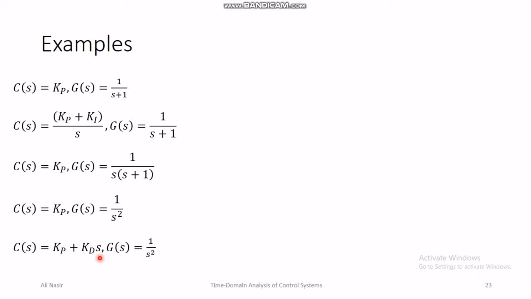So you can see that this is type 0, this is type 1, this is type 1, and these are type 2 and type 2. The type is not of C(s)G(s); the type is of C(s)G(s) over 1 plus C(s)G(s), and it is determined using the C(s)G(s) transfer function.